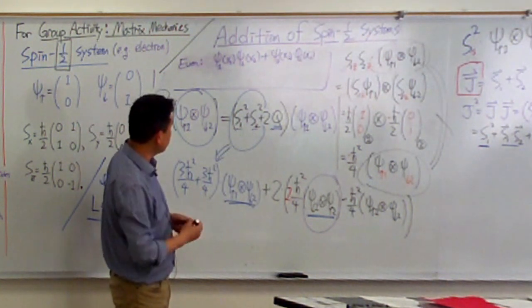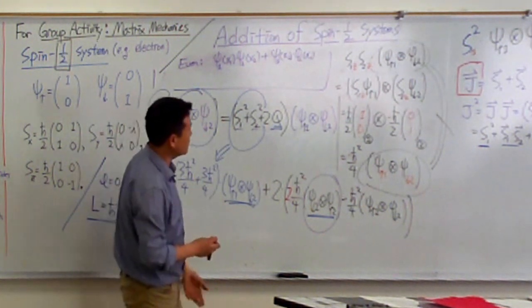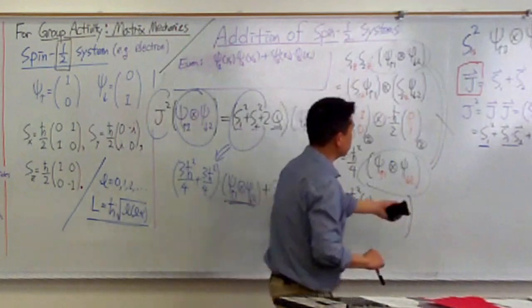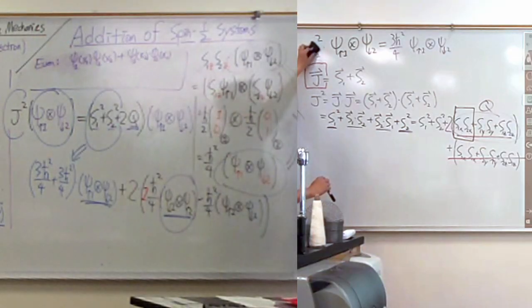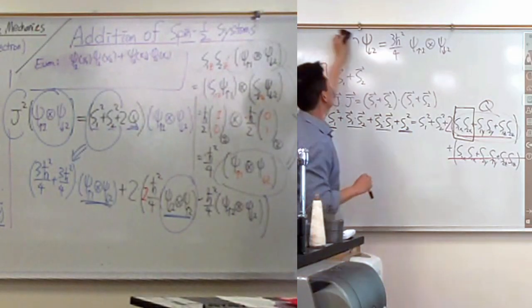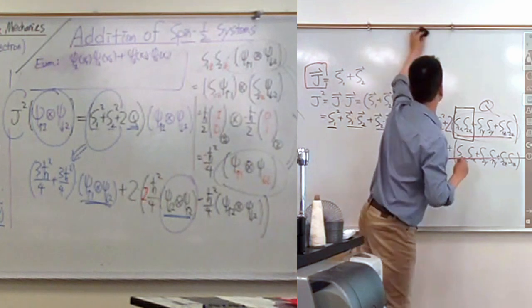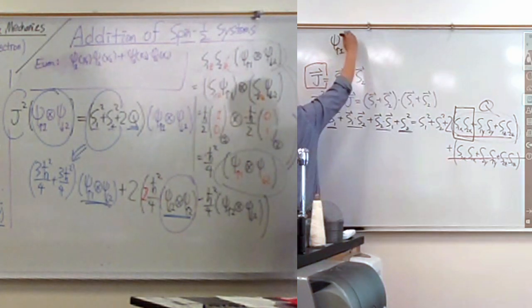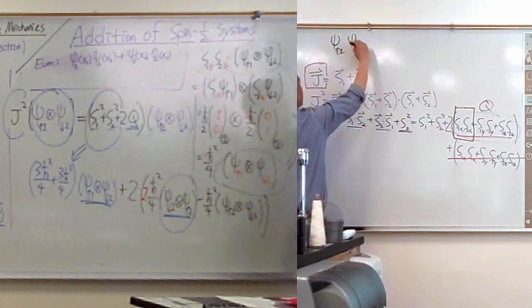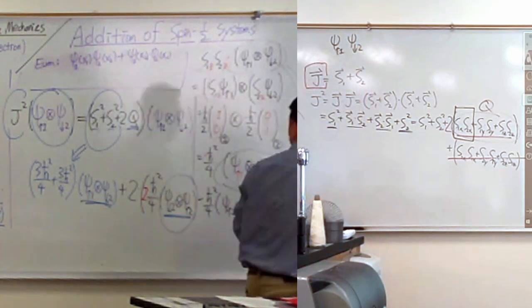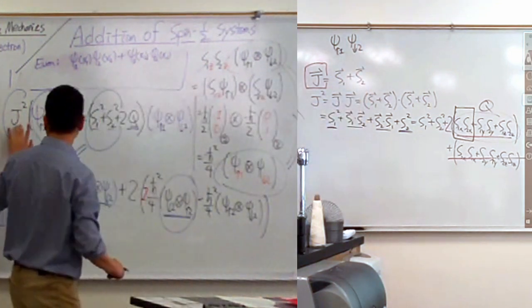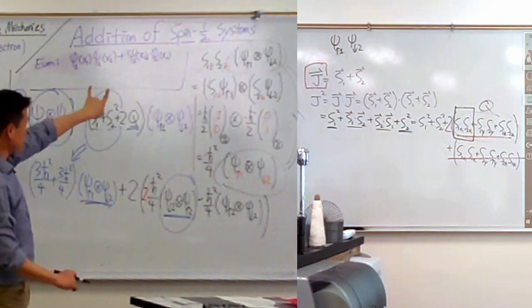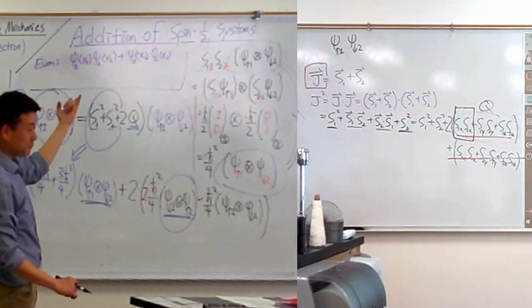Instead of building our state like this, maybe we build it this way: spin up 1, spin down 2, and as we act with this operator, we think those two particle states are going to be swapped.